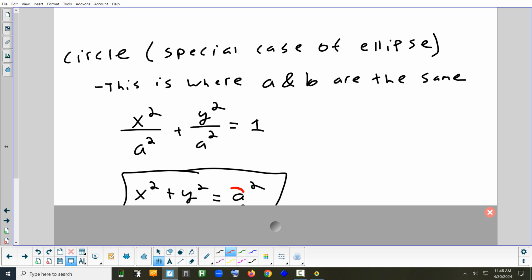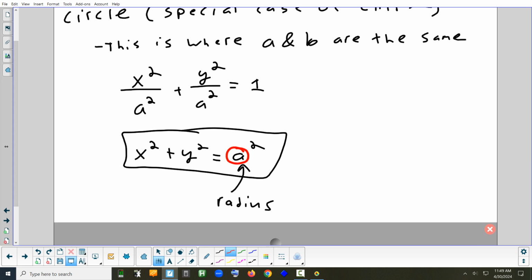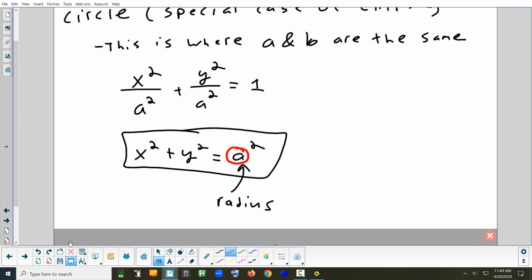And what do you think this is in terms of a circle? Yeah. It's really the radius. That's why a lot of times you see it as x squared plus y squared equals r squared. So that's how you can get the equation of a circle from an ellipse. It's just an ellipse where both of those numbers are the same.